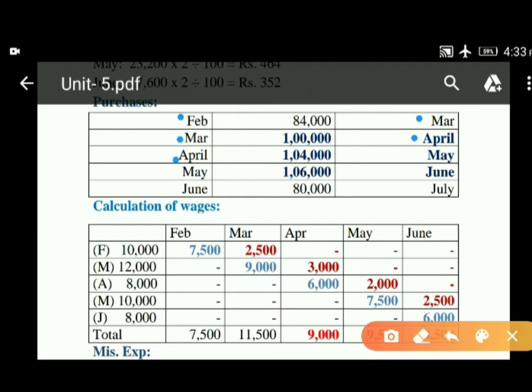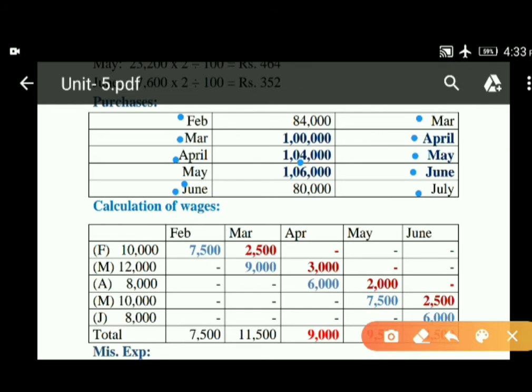April purchases of 1 lakh 4,000 will be paid in May. May purchases of 1 lakh 6,000 will be paid in June. June purchases of 80,000 will be paid in July. So if you purchase in a particular month, the payment to creditors takes place in the next month.